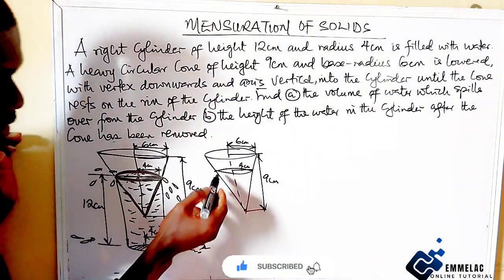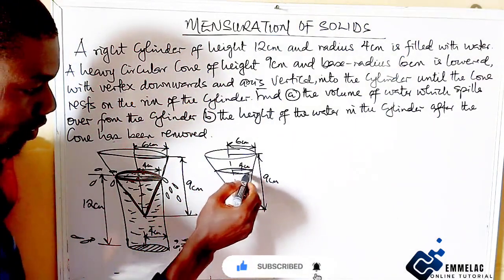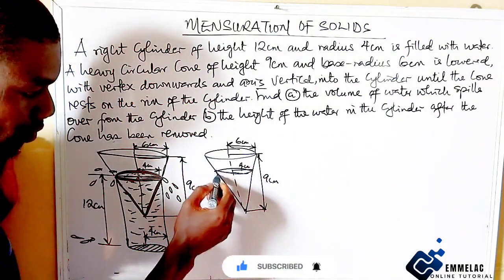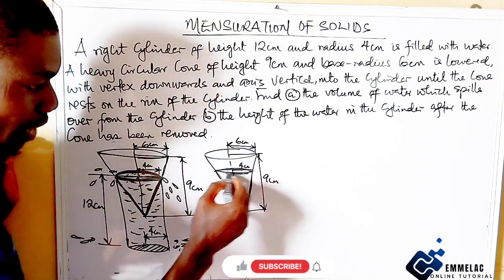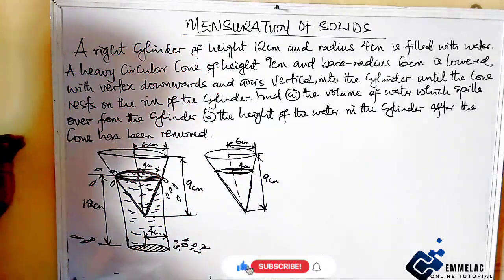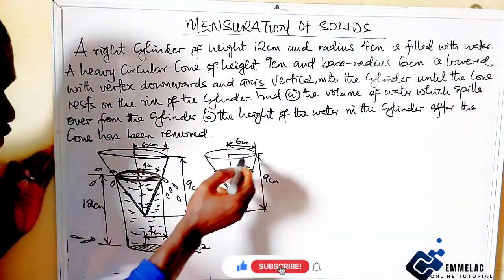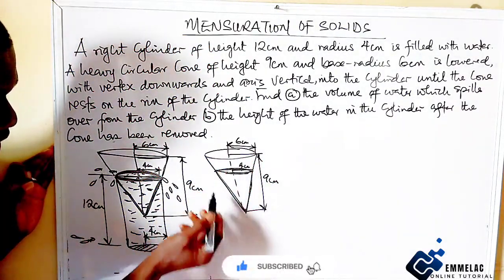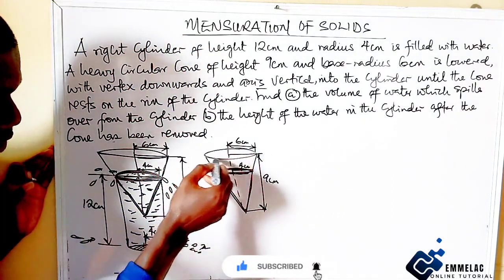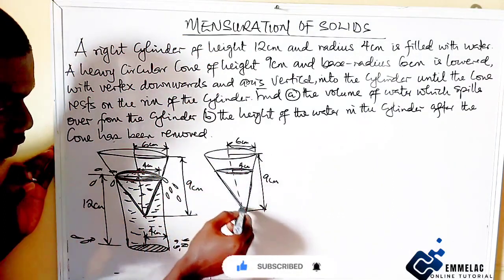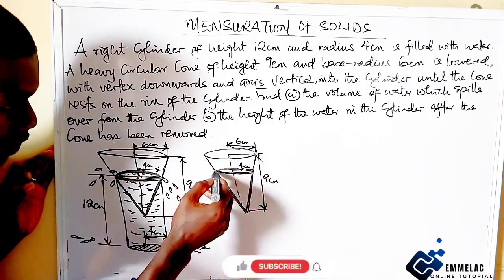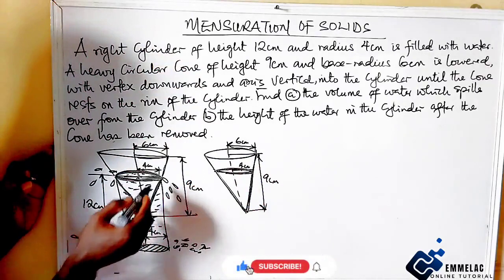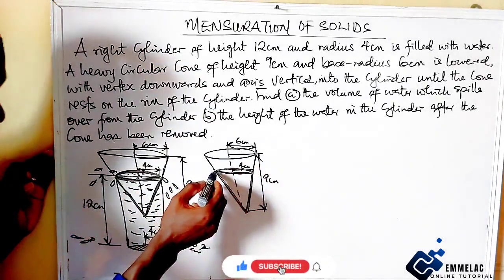Now we need to take the volume of this part of the cone, since this is the part that actually caused the spillage. Now if you take a look at this, we're having two cones. This one, which is the overall, and this part which actually caused the spillage in the cylinder. So this part from here to here is the same thing here.